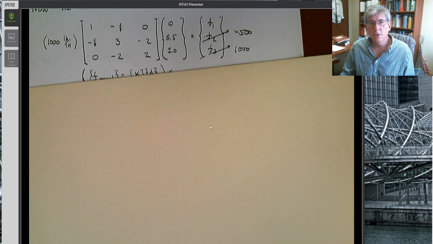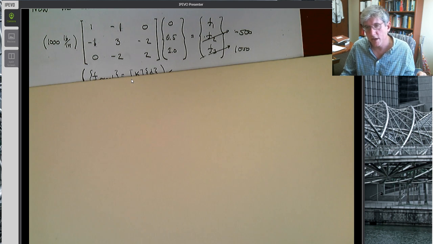In general, you have this global stiffness matrix that's singular. You solve that respecting the displacement boundary conditions, which are there to eliminate the rigid body motions. That gives us a reduced system that you can solve for the displacements.